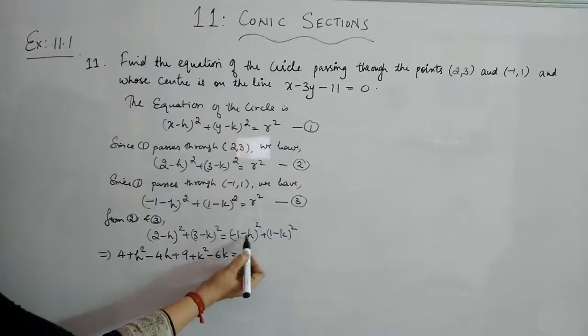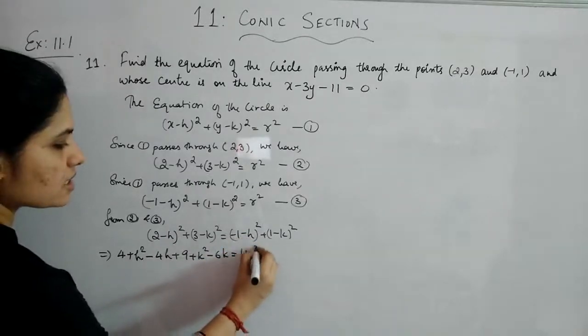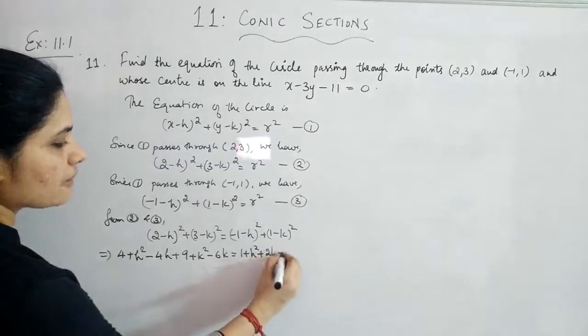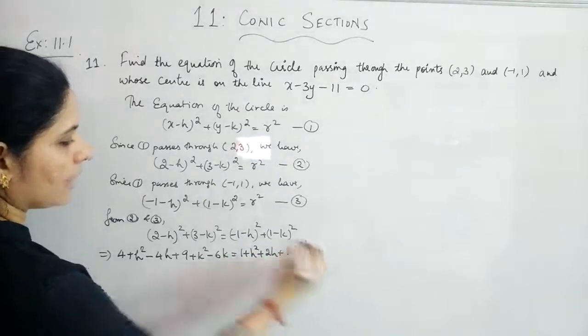So (-1 - h)² is same as (1 + h)². So you'll get 1 + h² + 2h + 1 + k² - 2k.